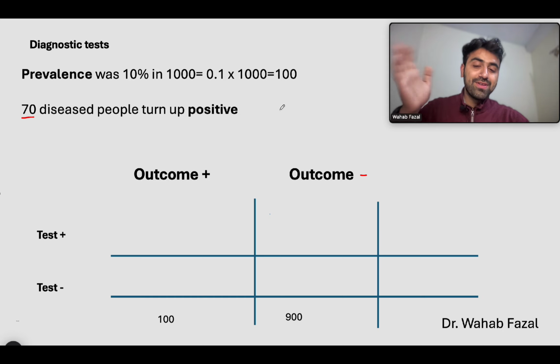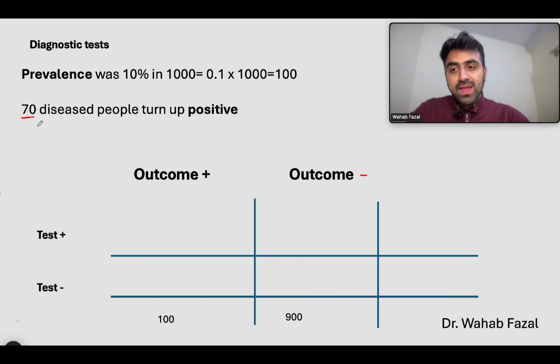We're going to put everything in the formula and calculate it together. But if you understood my previous dialogue, then you would understand what I just talked about. Of the 100, we put in 70, which leaves us with 30 people. So we just write 30 over here.